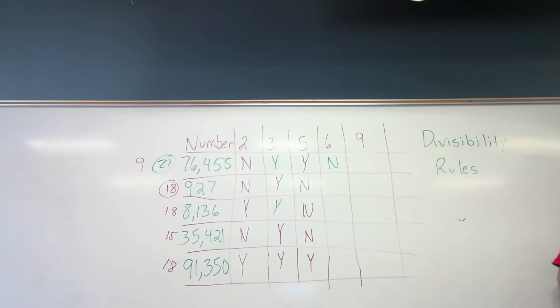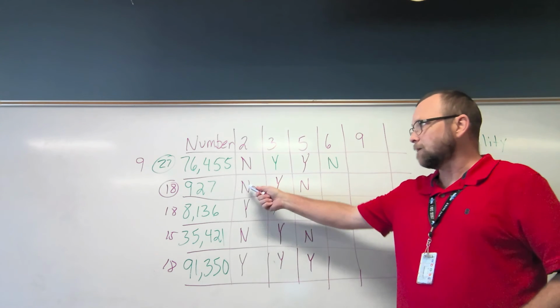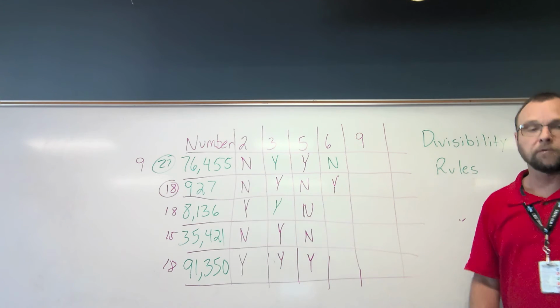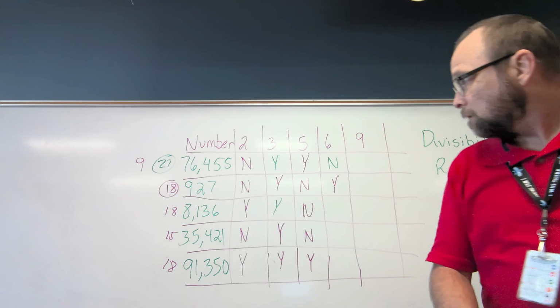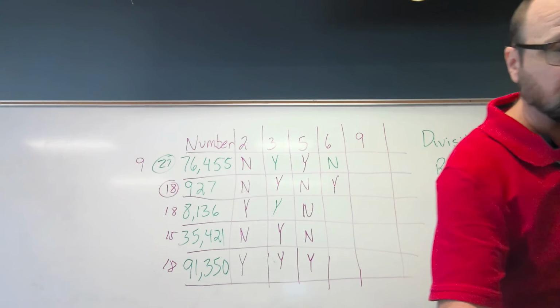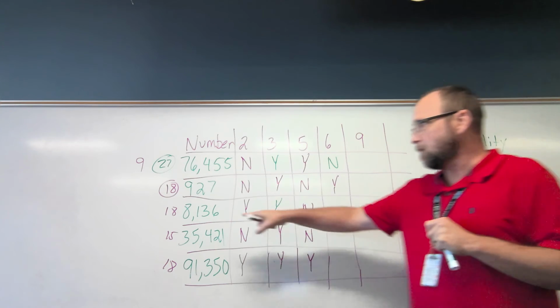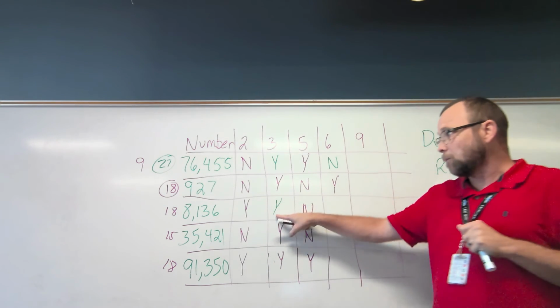No. Okay, these both have to say yes if we want to say it's divisible by 6. 8,136. Liz, is that divisible by 6? Yes, because it's an even number and it's divisible by 3.